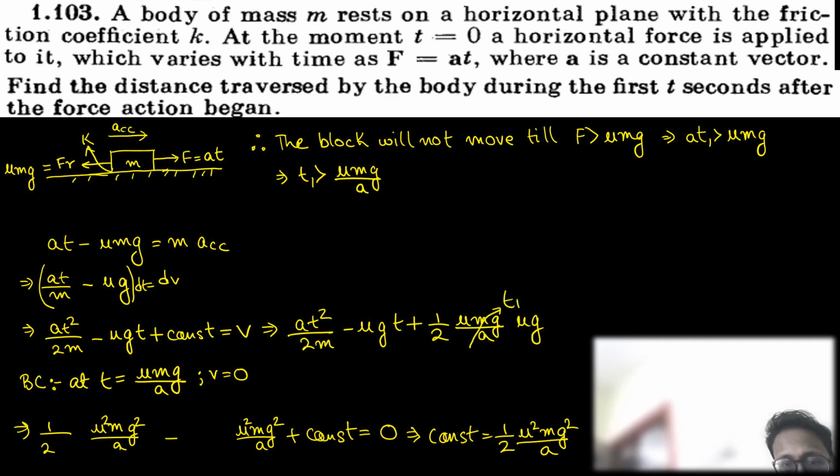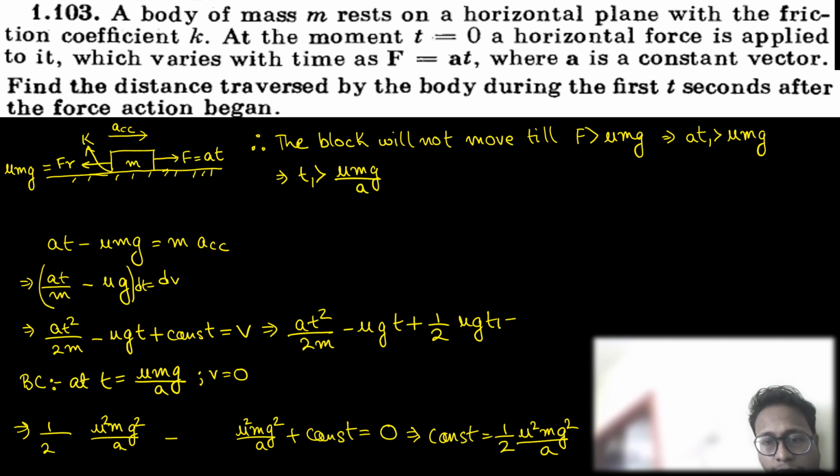Understood? So this can be written as half mu g T1. So this is the equation of velocity.